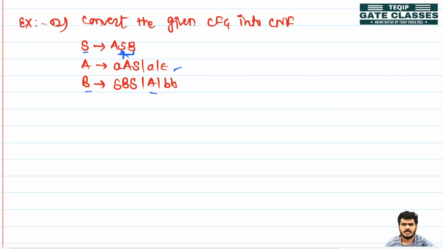And the fifth step says that if a terminal is present along with non-terminals, then we have to replace that terminal by some other non-terminal. Follow the steps which we have discussed in the algorithm. Go through the algorithm and try to solve this. The solution of this I will post in the Telegram group.